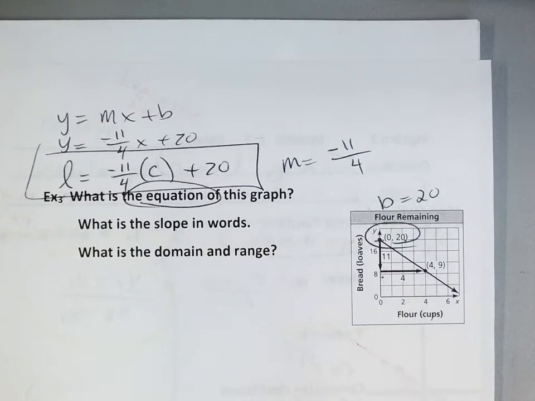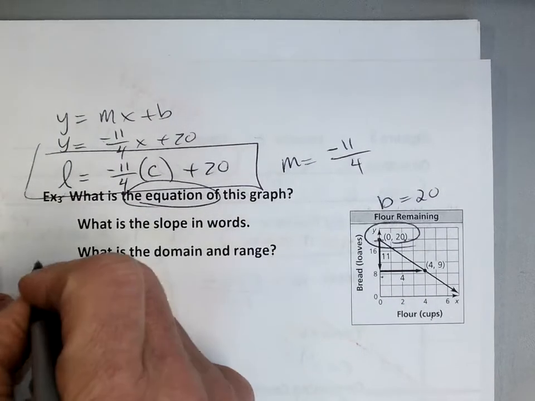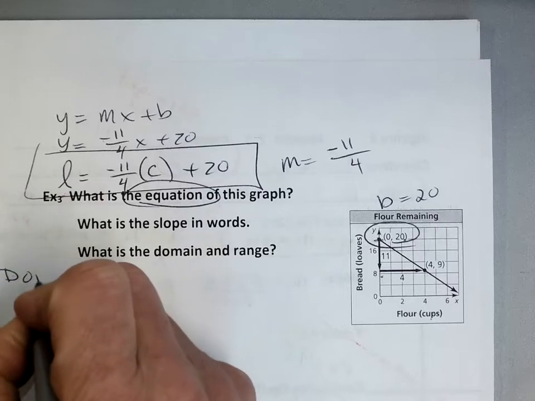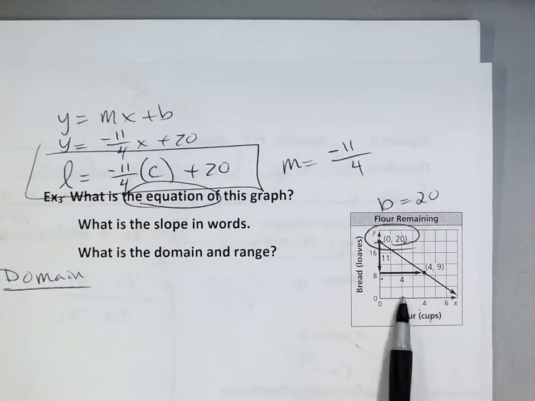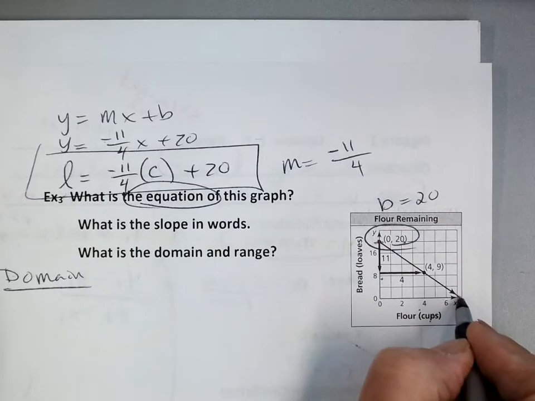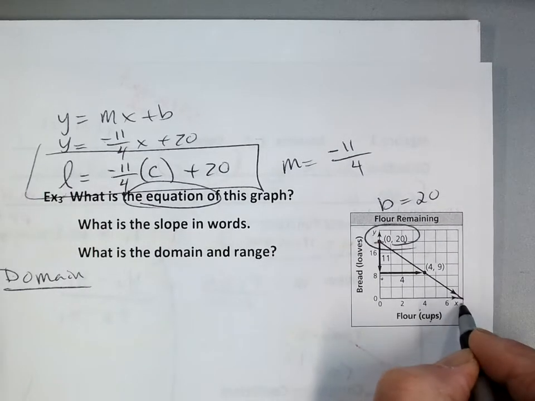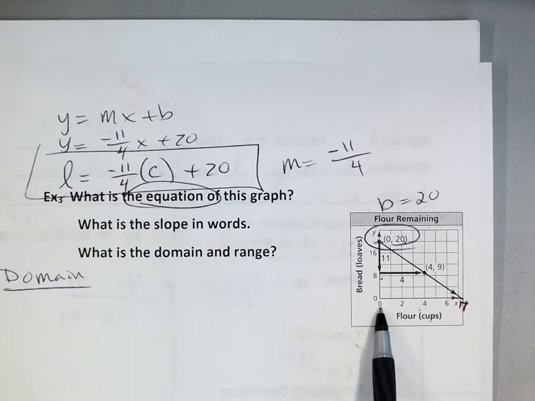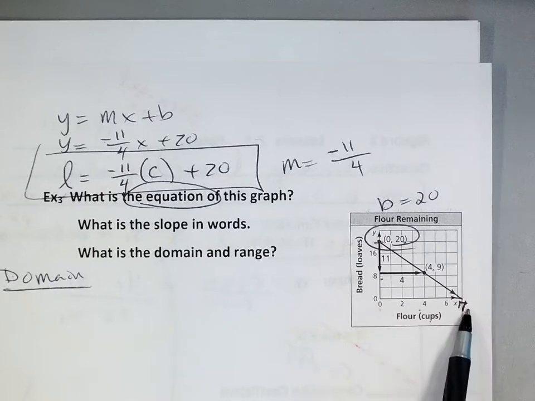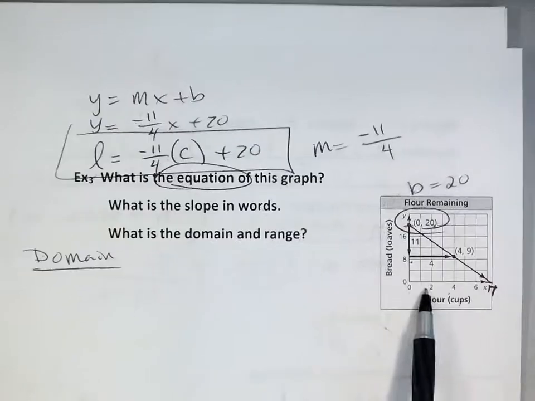Now, domain and range. Let's first look at domain. Domain's the x values. How wide is this? Well, if I go a little further, it sure looks like it's going to hit at about 7. So we're going to use anywhere from 0 to 7 cups, right?